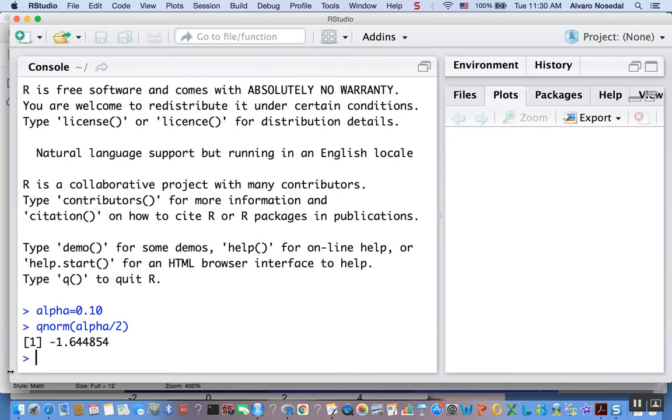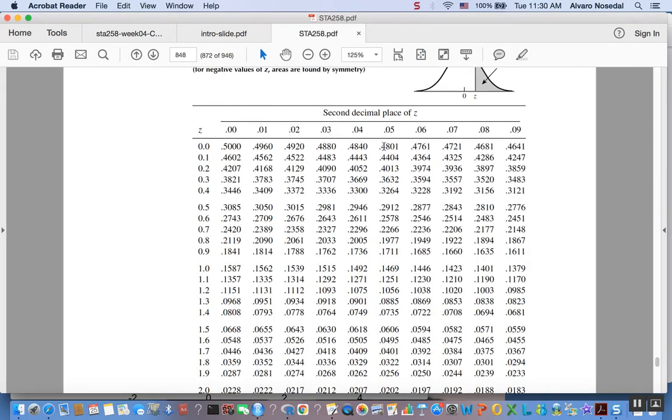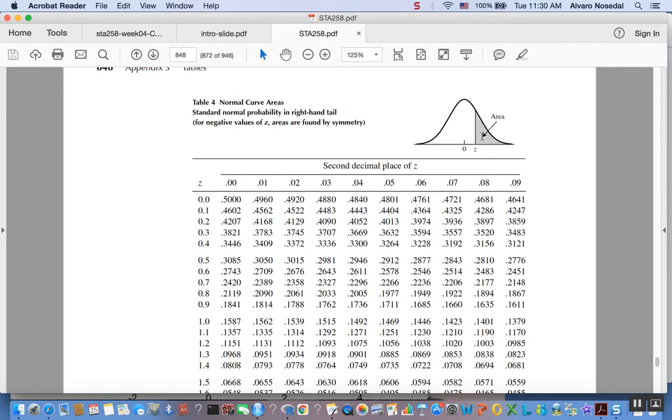Let's double check and let's use our table. Our table is going to give us areas to the right. Since we want a 90% confidence interval, we want a number C star such that between negative C star and C star we have 90%, and that means that in the right tail we have 5% and 5% in the left tail.